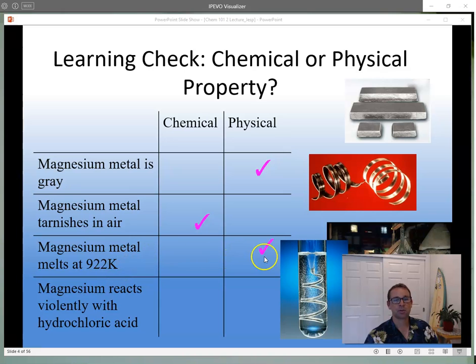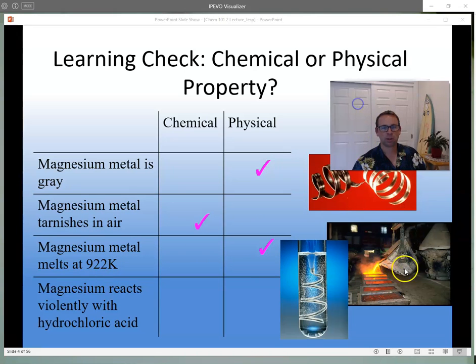Physical? Yeah, that's a physical property, that's just the melting point. Okay, and then magnesium reacts violently with hydrochloric acid. That's a chemical reaction. Very good. The magnesium is reacting with the HCl and forming magnesium chloride, and hydrogen gas bubbles away, right? So we can see clearly a chemical reaction.